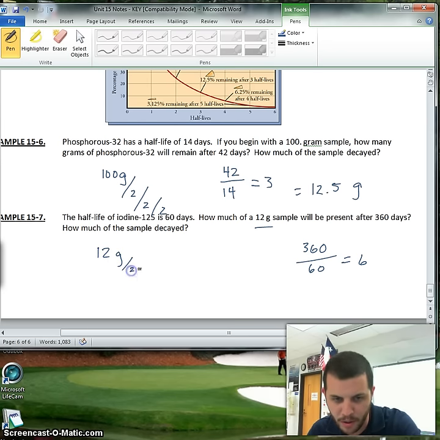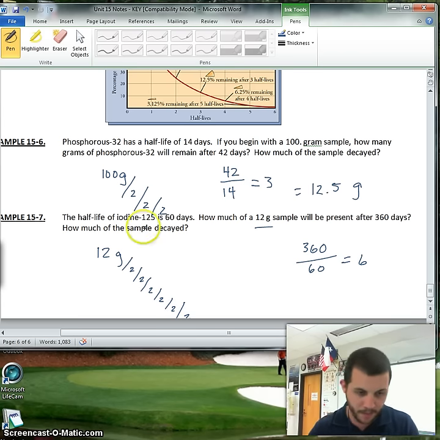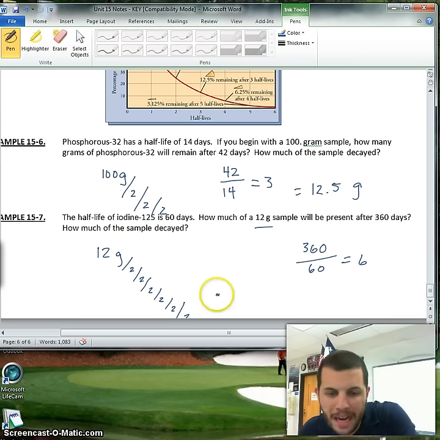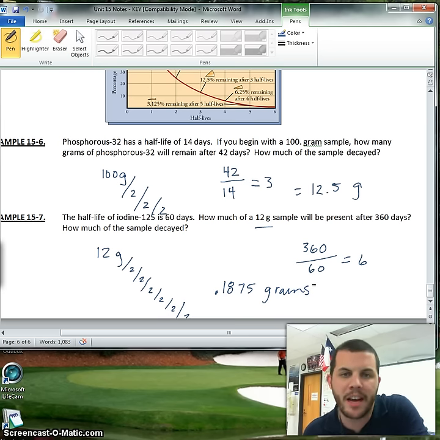So 12 divided by 2, divided by 2 again, that's 2, 3, 4, 5, 6. So I can type that into my calculator, and when I do, I'm going to get an amount of 0.1875 grams. And that's how half-life works.